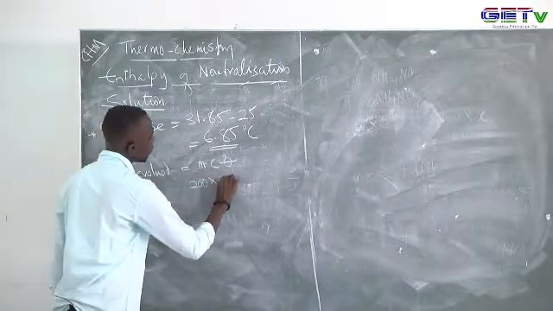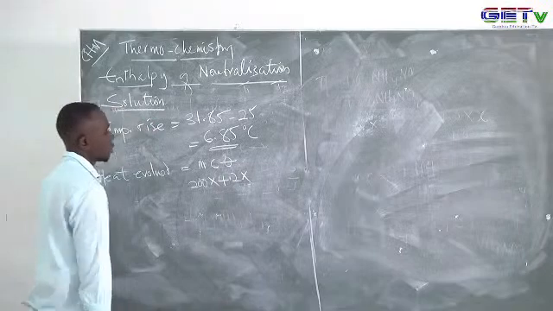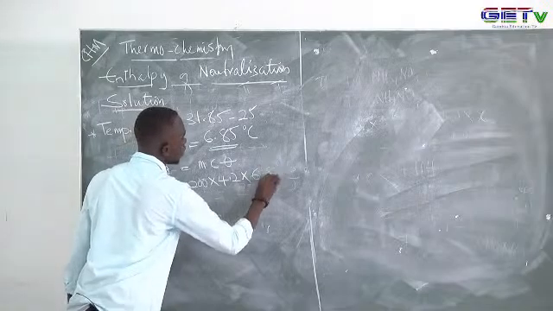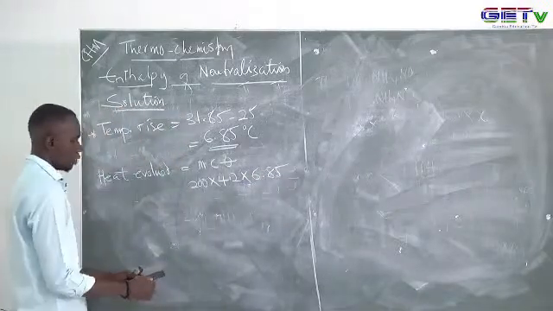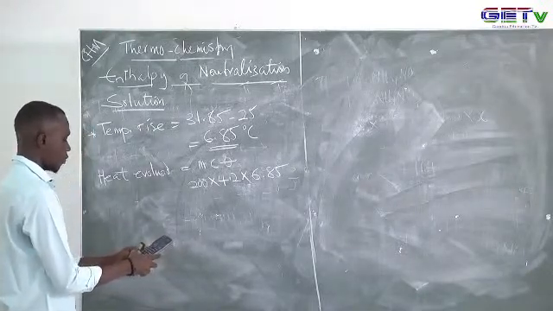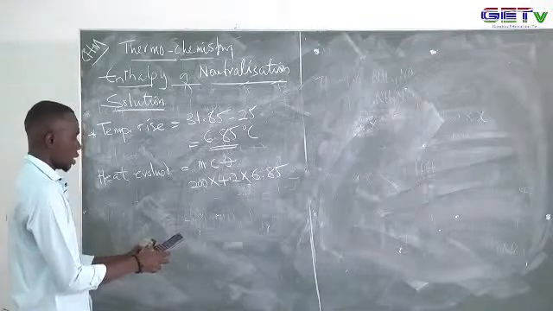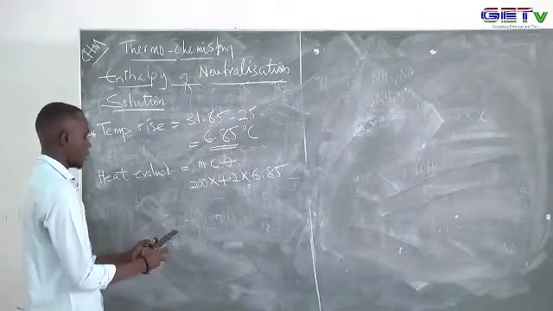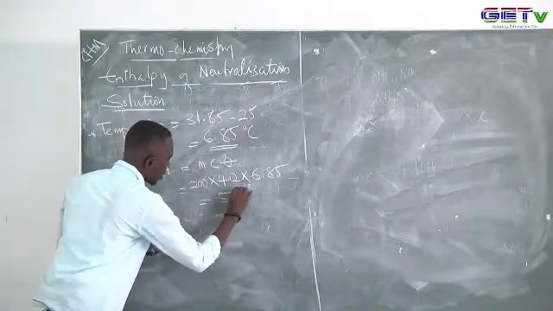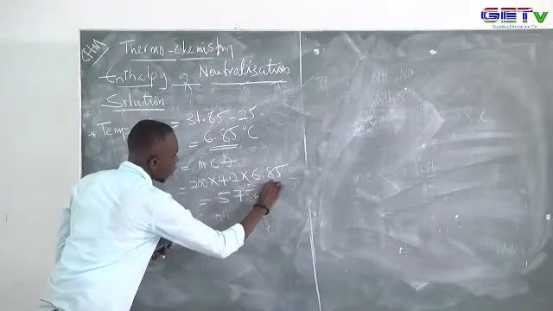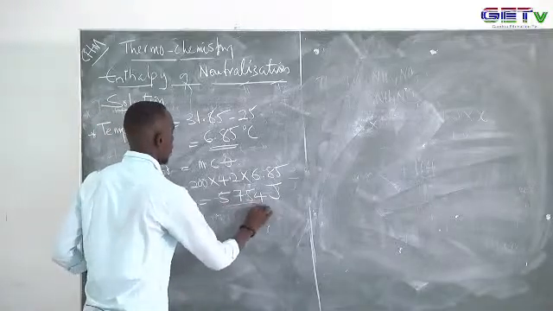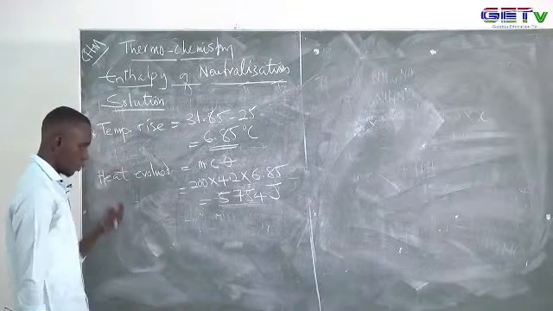And the specific heat capacity is 4.2 times the theta, the temperature rise, which is 6.85. And then we'll have from the calculator 200 times 4.2 times 6.85. And here we'll have 5754 joules. So this is the amount of energy produced, the amount of heat evolved.